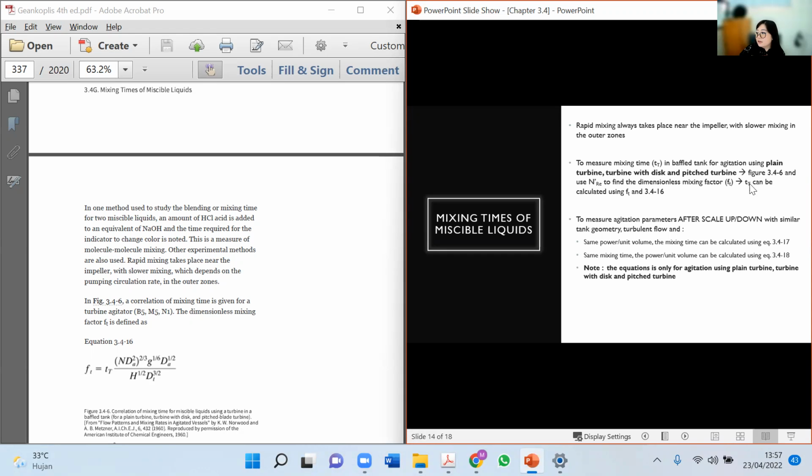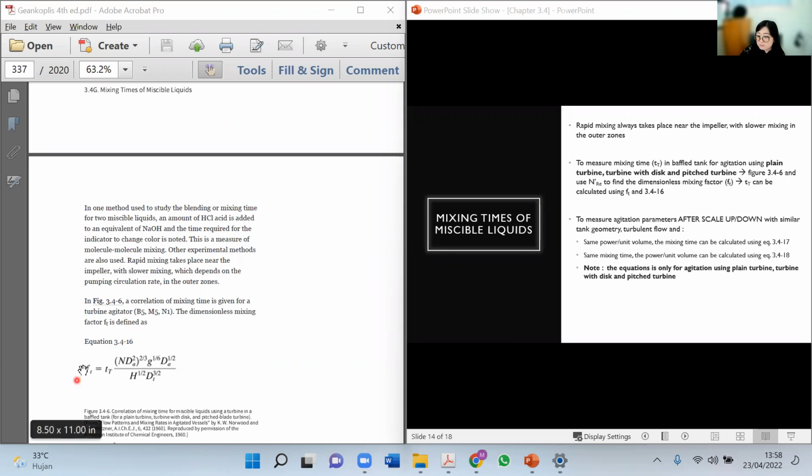Now, these mixing times can be calculated using equation 3.4-16. I will also display my spotlight. I hope you see my spotlight. This is the equation that correlates the mixing time with the dimensionless mixing factor.